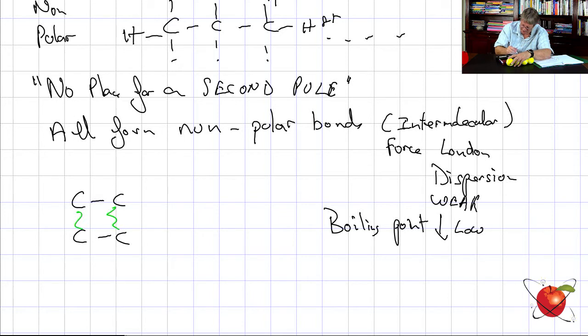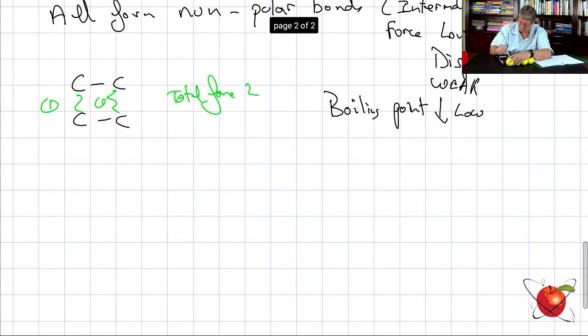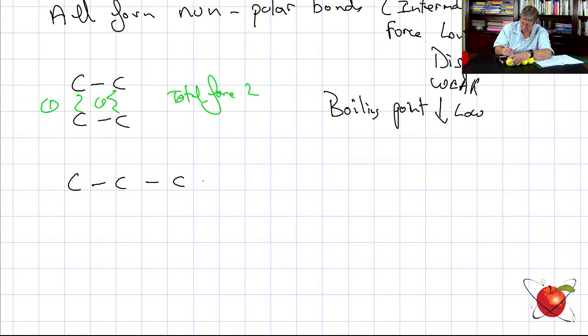So let's say, for argument's sake, we're not putting numbers, the force there is 1 and another 1, so the total force is 2. So far, so good. What if we have now this guy, 1, 2, 3, 4, 5.